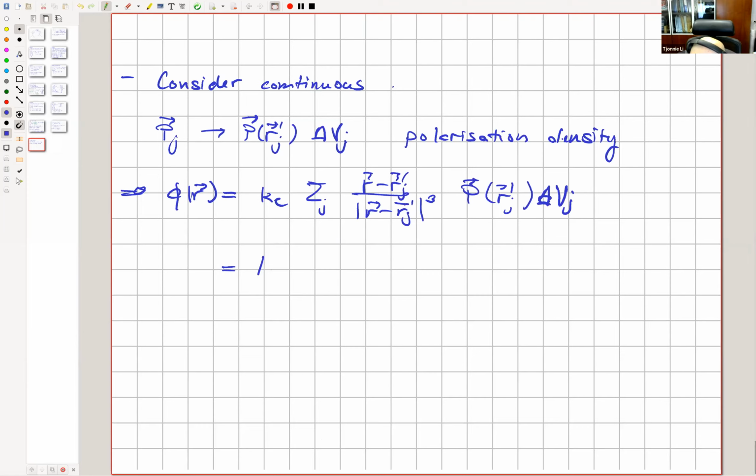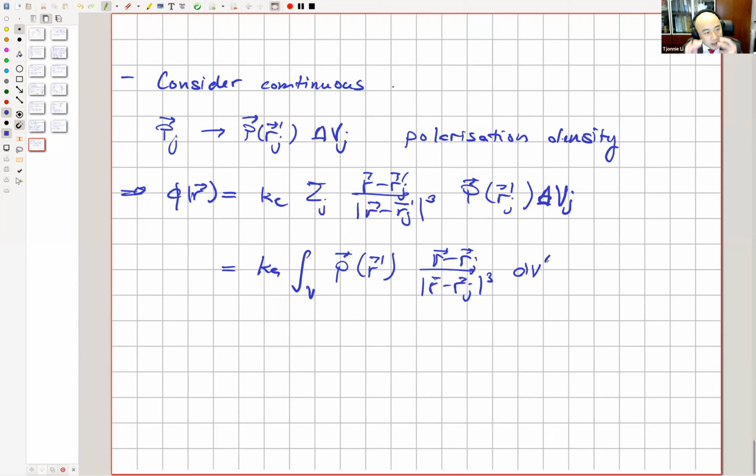So here is ke times the integral over the entire V of P(r'), and I've still got (r minus r') over |r minus r'| cubed dV'. Sorry, no need for the j anymore, but I do need the prime here.